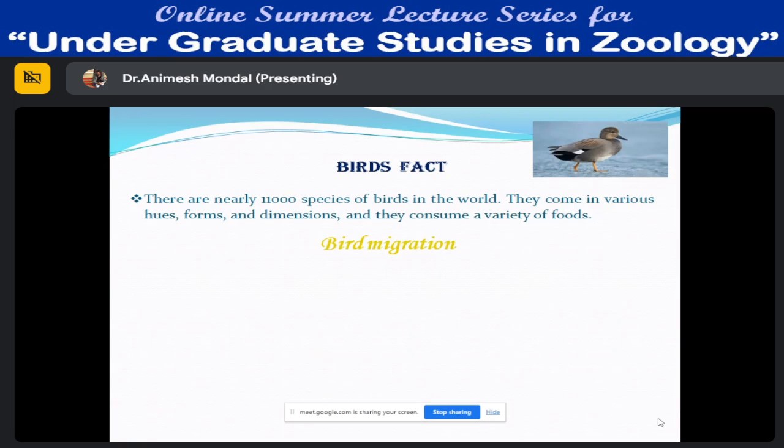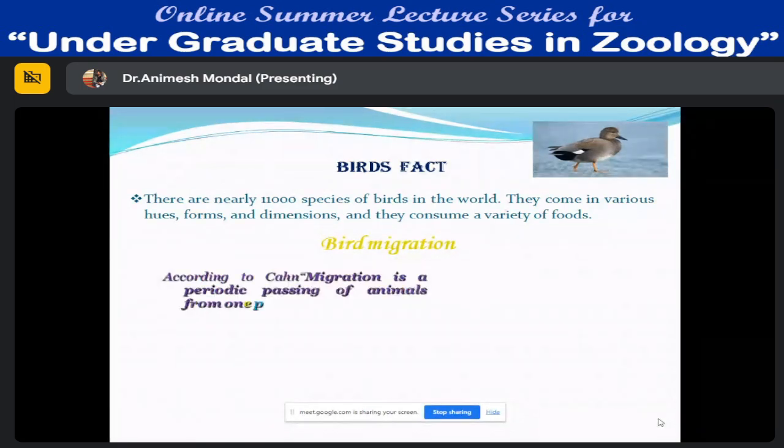And among these 357 migratory bird species, 180 migratory birds follow a particular pathway that is considered as the Central Asian Flyway. I shall discuss it later as our talk moves on.